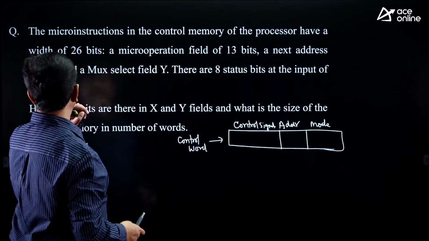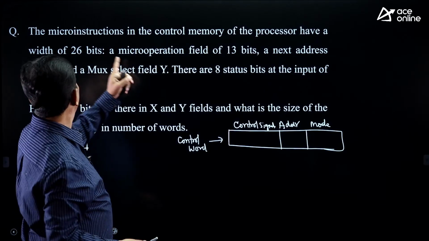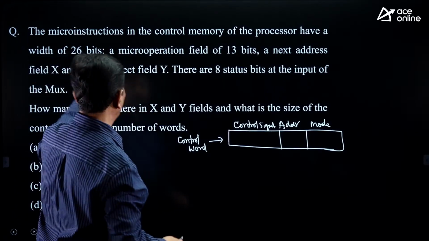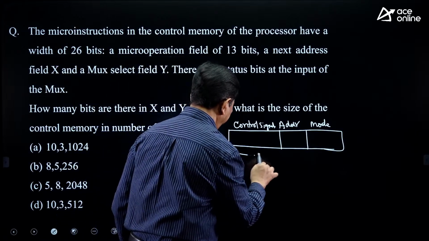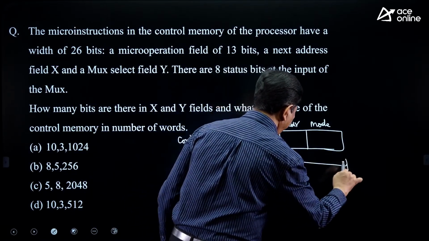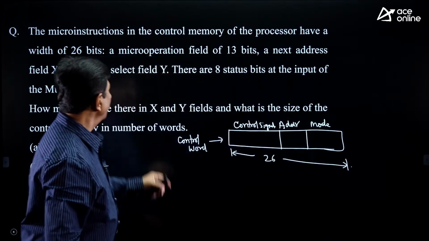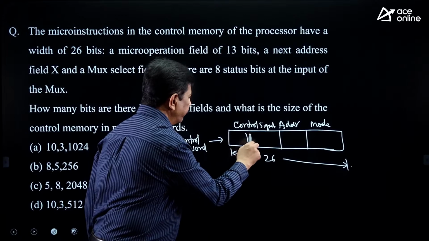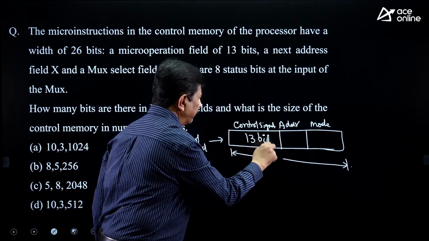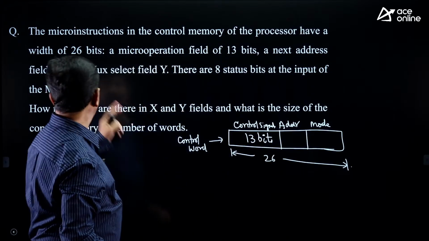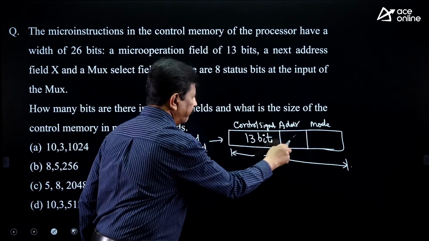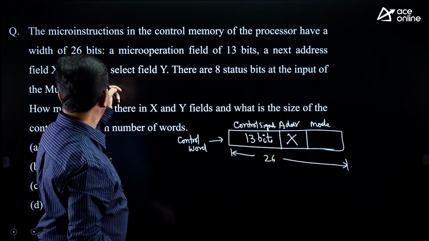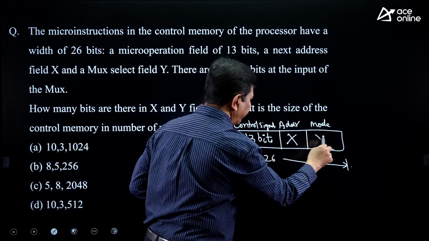He is telling that the width of the micro instruction is 26 bits. And he told the micro operation field contains 13 bits. Next address field is X. And then the mux select field is Y.